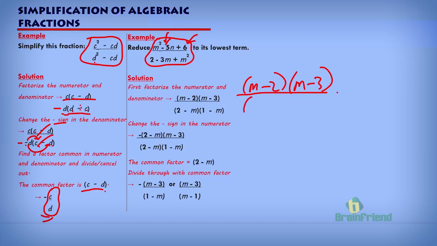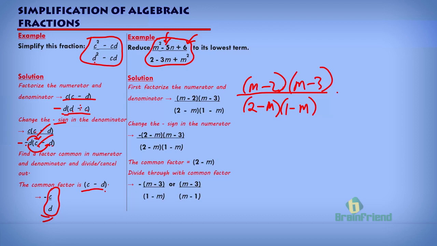In factorizing our denominator, we do the same thing, and we have 2 minus m, 1 minus m. So we have factorized versions of our initial expressions. Now, we can see again that we have factors that can be the same when we change the signs in our numerator.